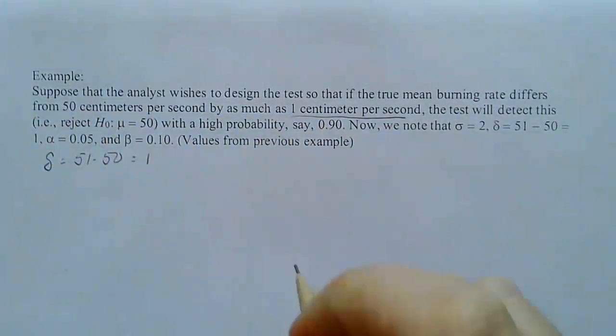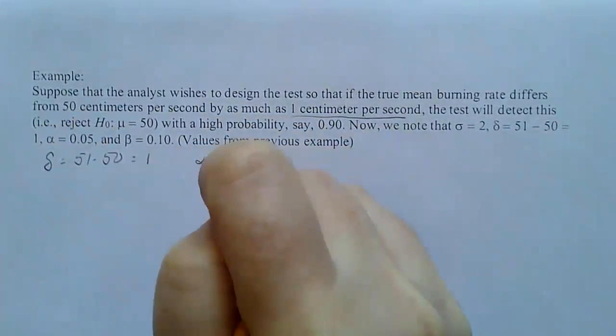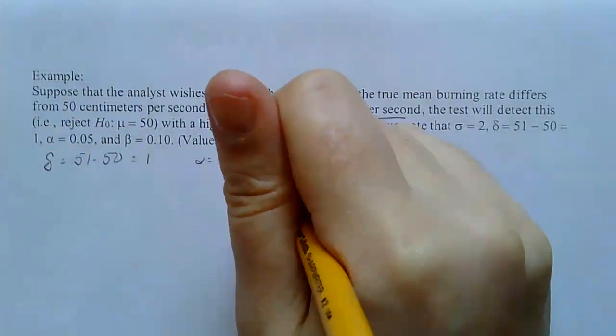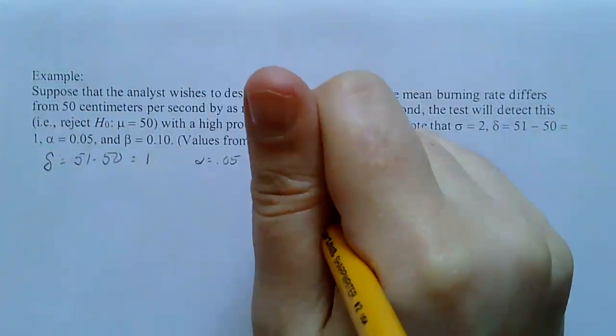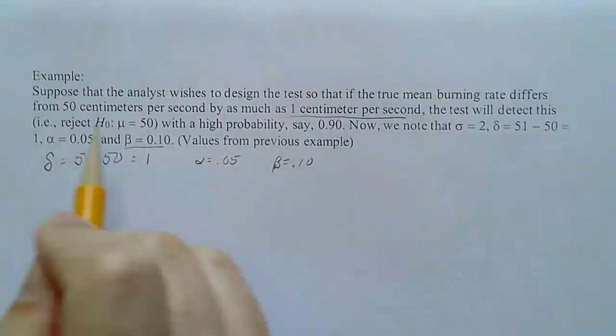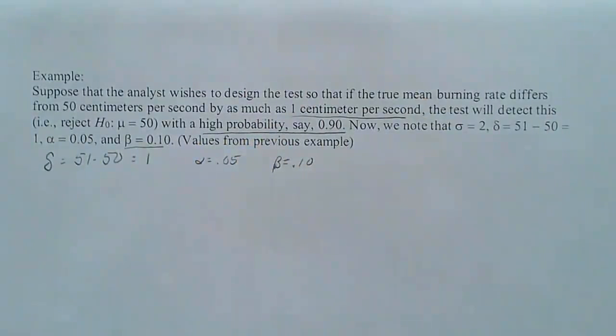And we know that previously we were told that our alpha was equal to 0.05, but now we know what we want our beta to be. We want our beta to be equal to 0.10, because that's what we actually want to achieve. That's saying that we're going to be able to detect that with a high probability. And so that given probability of detection of that difference is 0.90.